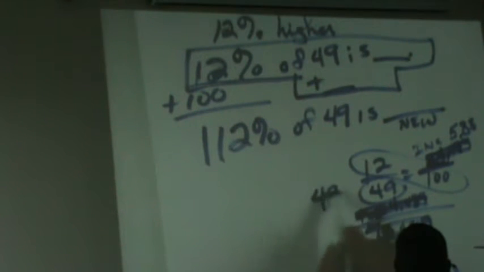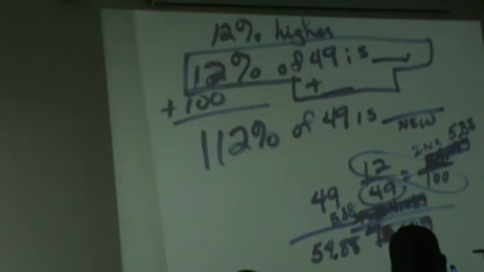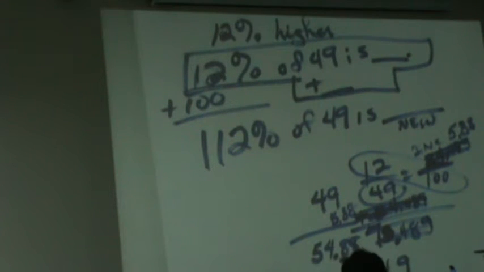Okay, 49 plus the 5.88. Now it gets 54.88 miles per gallon. And you have to round. Does it say to round to the tenth? So it'd be 54.9, because you looked at the 8 and you go up 1.